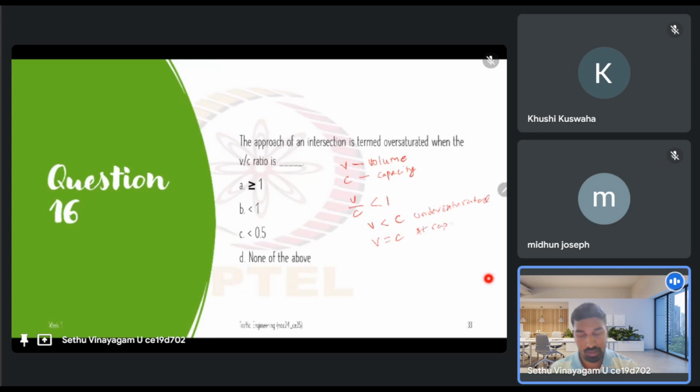So we are using it to its capacity, and when it is greater than capacity, it is oversaturated. That means V by C is greater than 1, right? So here we have included both at capacity as well as above the capacity. In that case, it is oversaturated, which means your delays will be much higher.